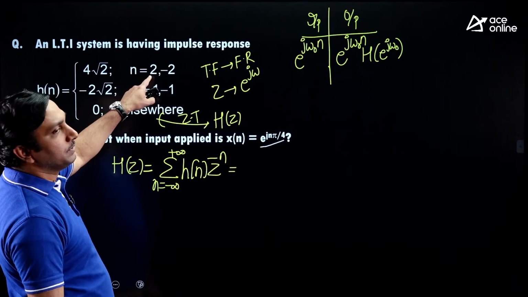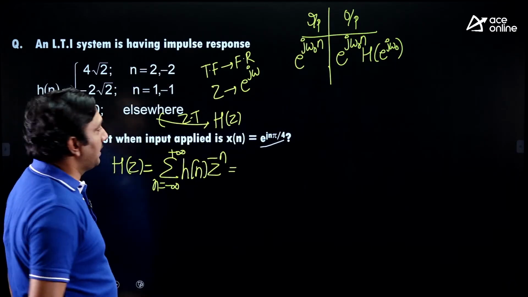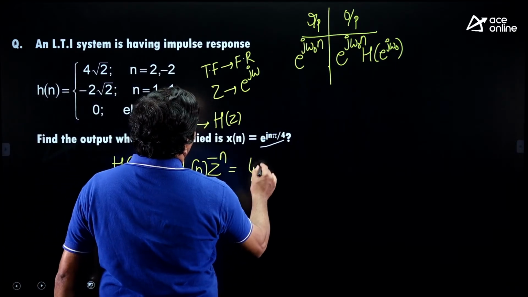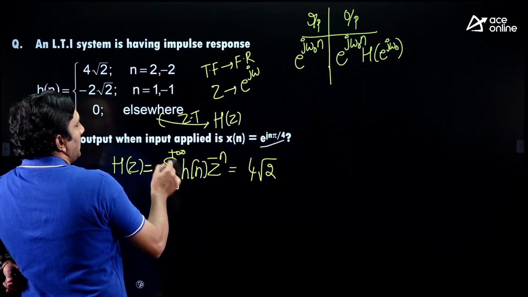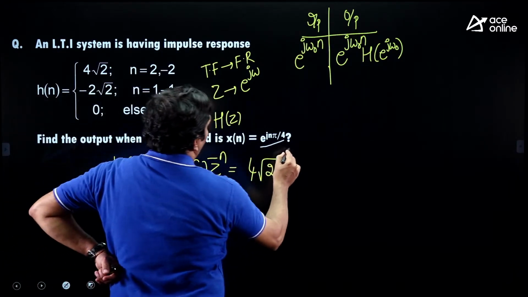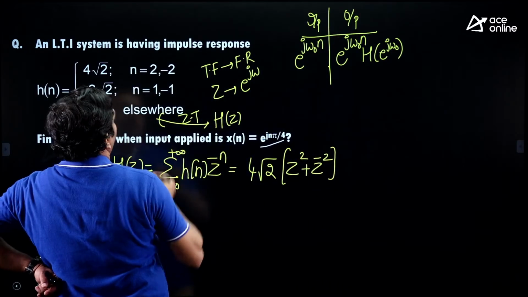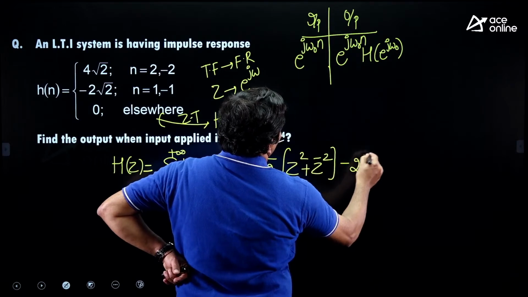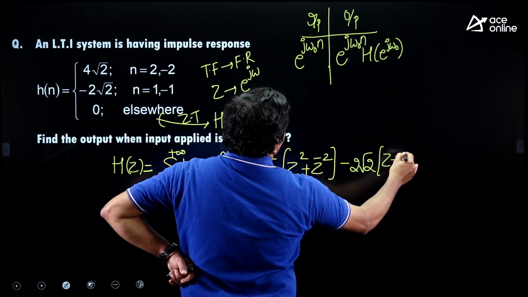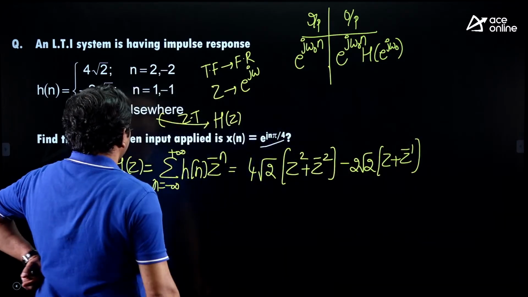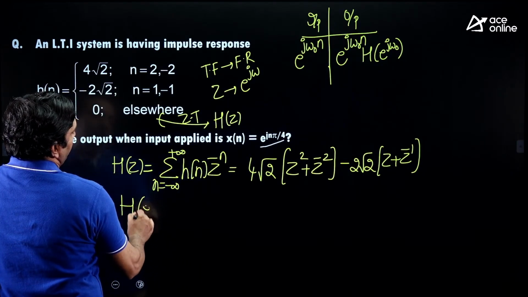But which are the valid samples? Plus or minus 2 and plus or minus 1. If I choose plus or minus 2, we have fixed amplitude of 4 root 2, that is z^2 plus z^(-2). If you take plus or minus 1, minus 2 root 2, z plus z inverse. How can it be converted to frequency response?